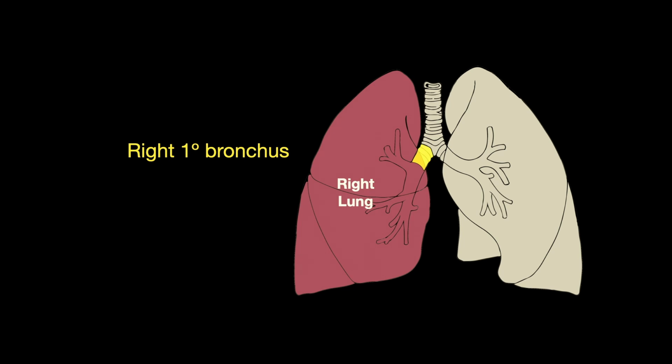That concept is very basic, but clinically it becomes very important, because if for example a tumor is surrounding that right mainstem bronchus and chokes that area, the entire right lung may be healthy, except for the tumor right around that right primary bronchus.